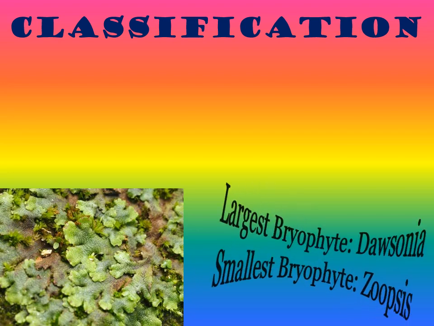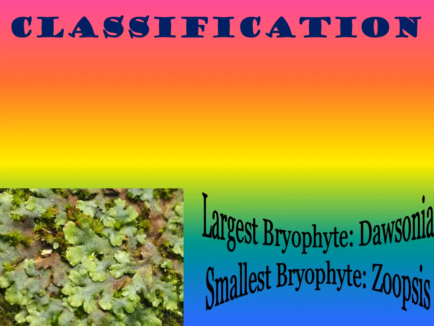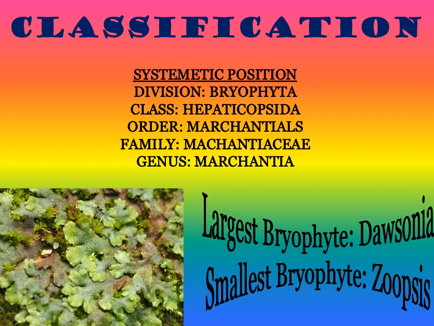Classification. Before it, you have to know the largest bryophyte is Dawsonia and the smallest bryophyte is Zoopsis. So division is Bryophyta, class Hepaticopsida, order Marchantiales, family Marchantiaceae, genus is Marchantia.